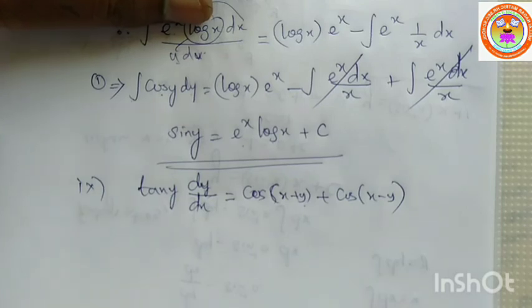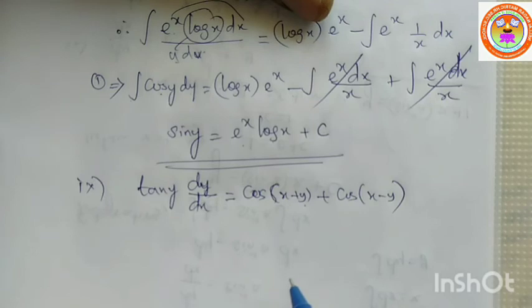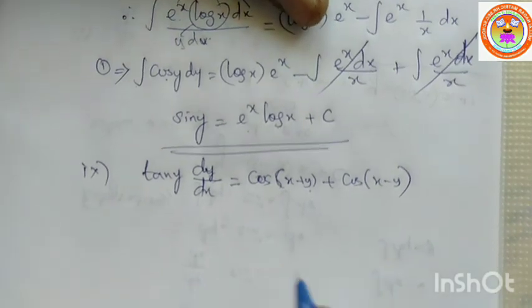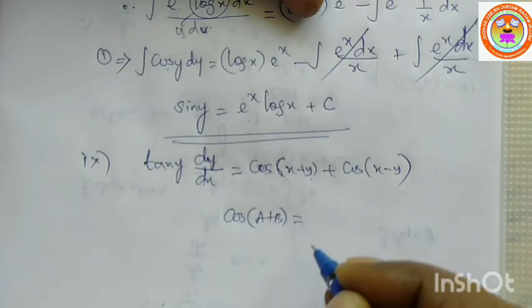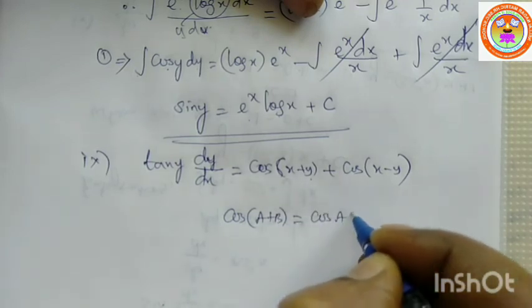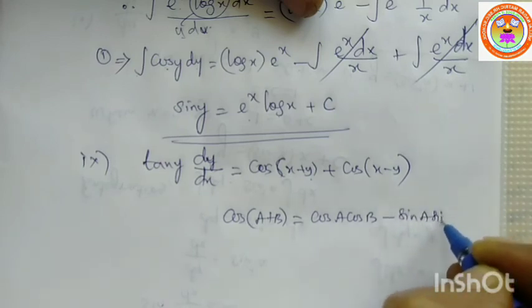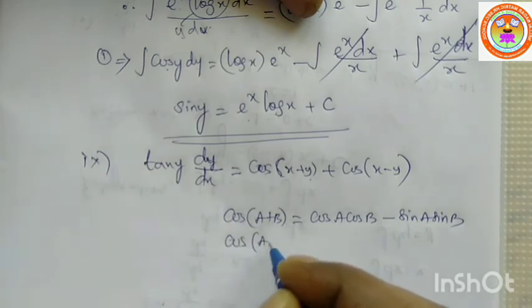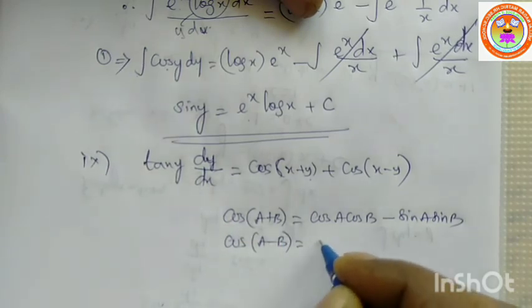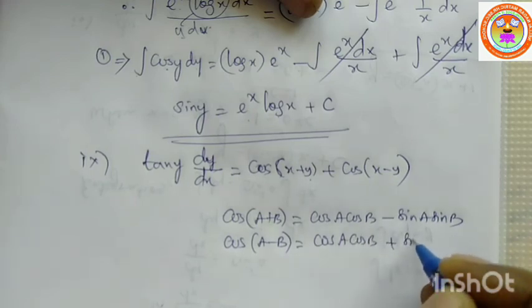In 11th standard, we have studied cos of a plus b, cos of a minus b, right? What is cos of a plus b? Cos a cos b minus sin a sin b. Similarly, cos of a minus b is cos a cos b plus sin a sin b.